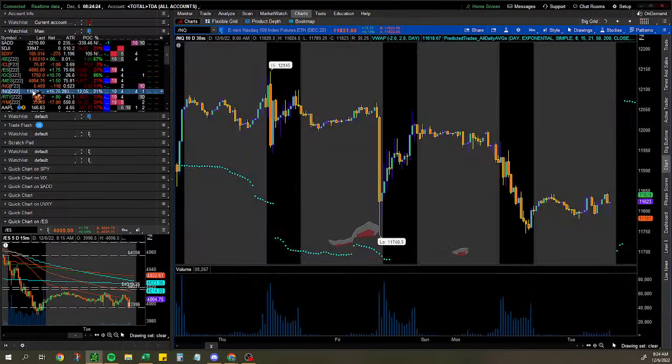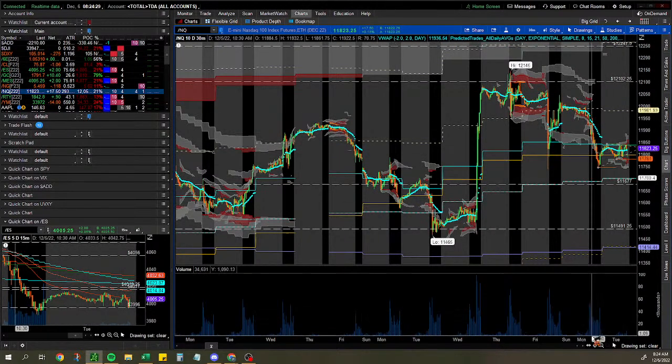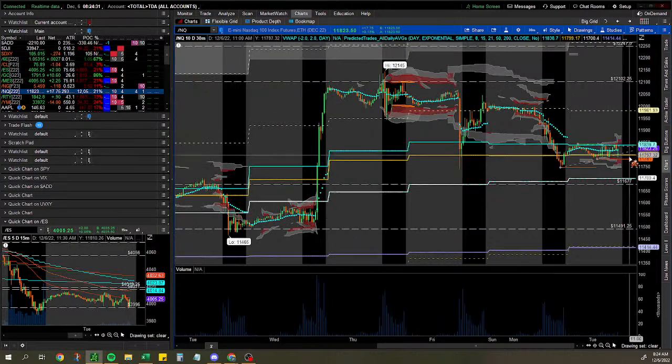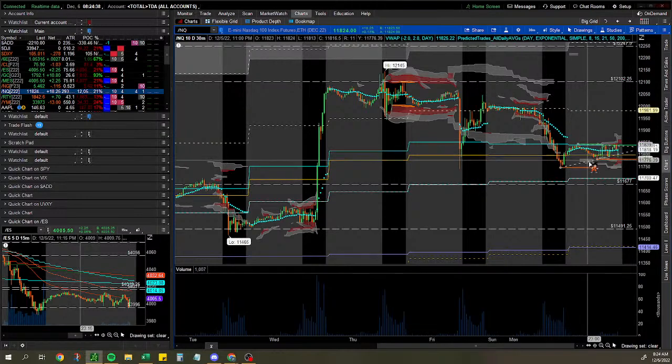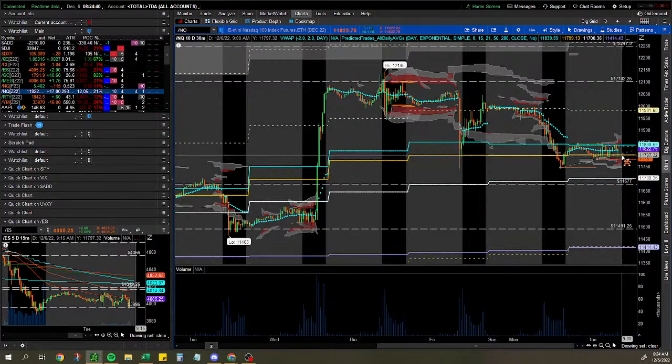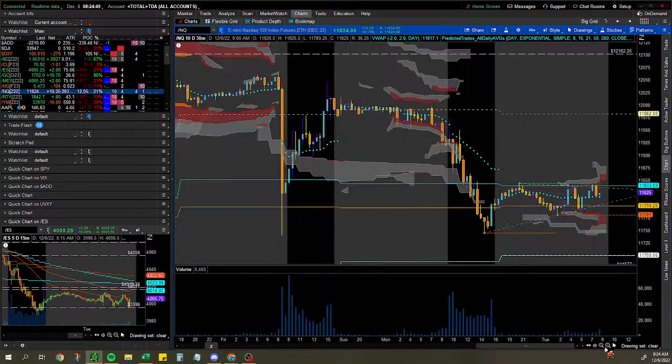We can move on to NQ. NQ, at least, is kind of holding the daily 15 and in between the 8 and the 15 pre-market. In some regards, it was holding up a little better yesterday than others.